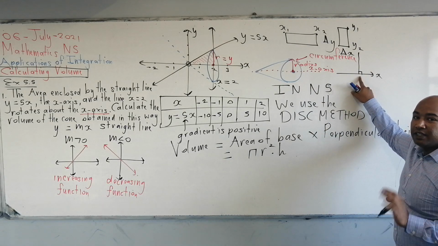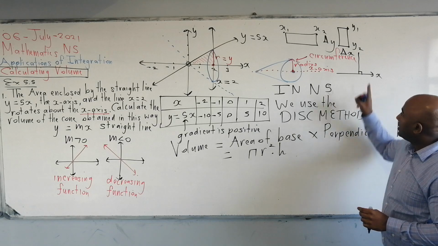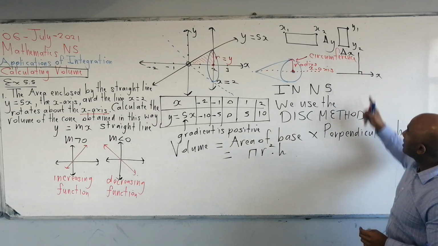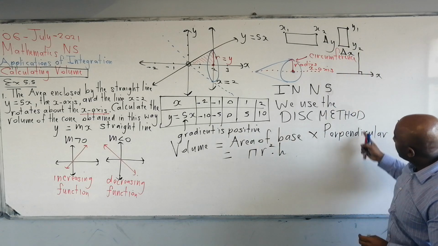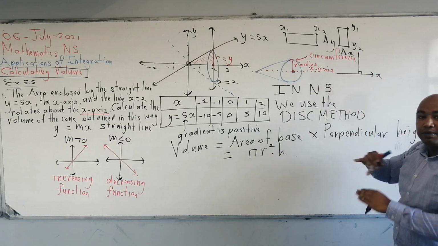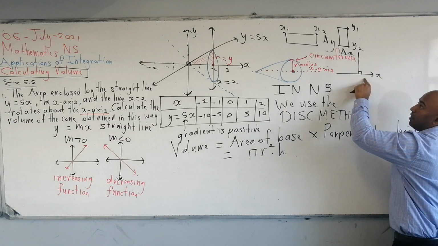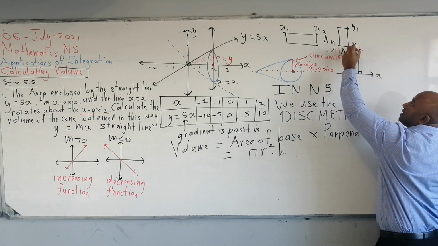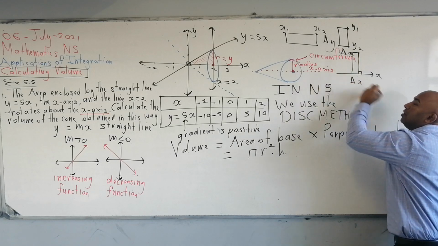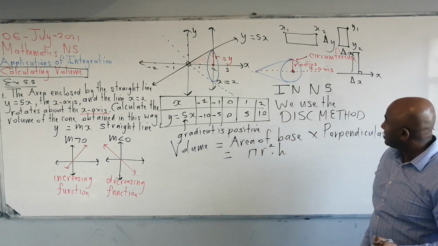Perpendicular means it intersects and forms an angle of 90 degrees. So can you see the longer side is perpendicular? So if we are rotating about the x-axis, we must always use delta x.